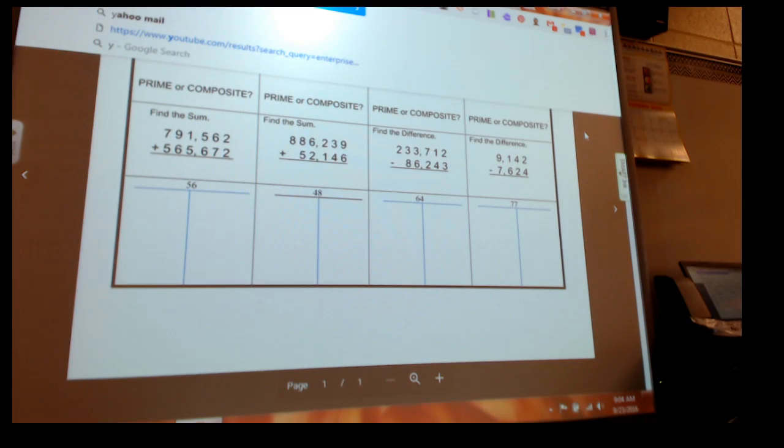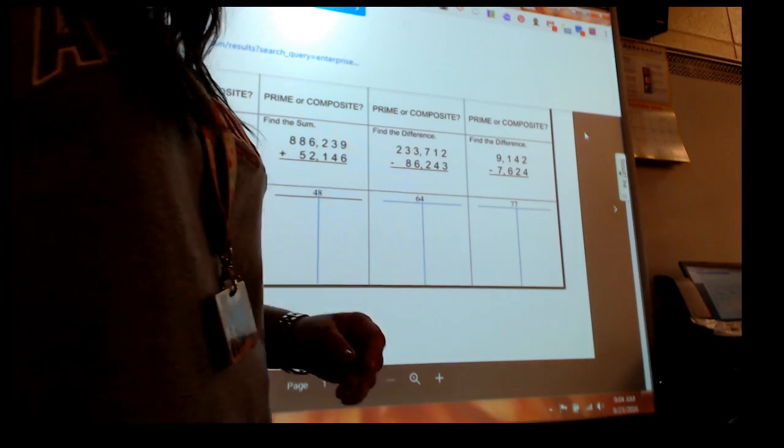Hurry, hurry, hurry. All right, in your math journal, on page 32, we have to flip it to the back, remember?